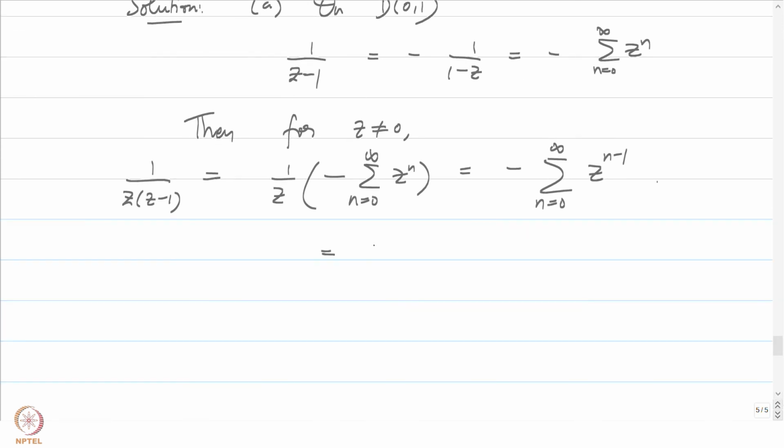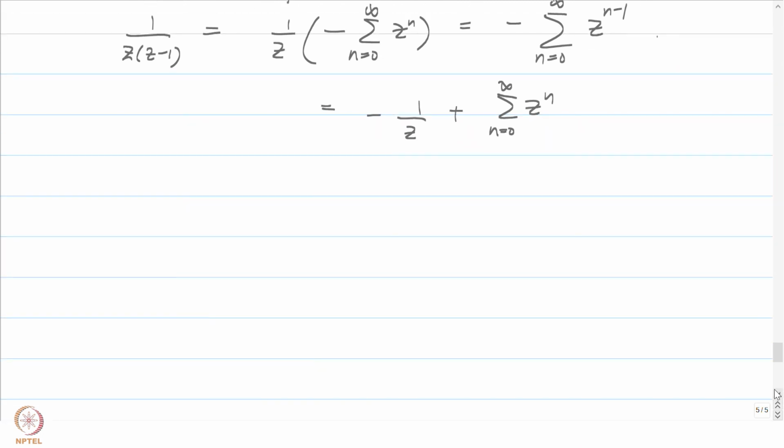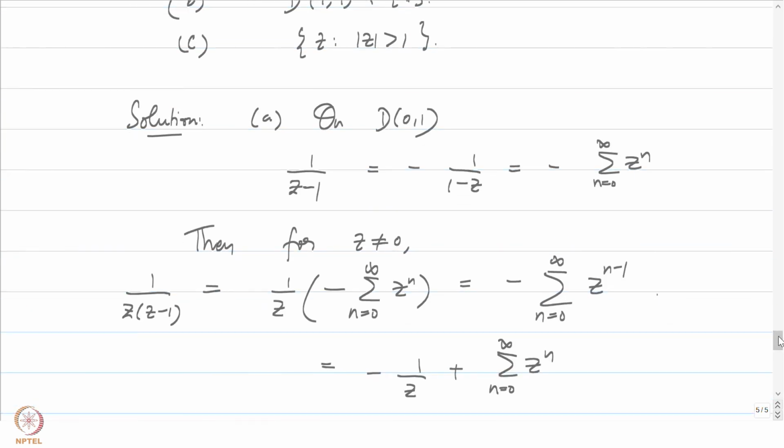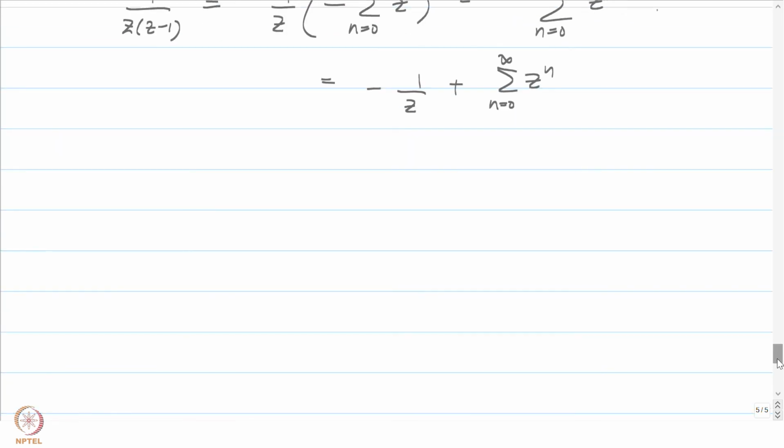So this is exactly equal to 1 by z plus summation z to the power n, n going from 0 to infinity. So that's going to be the Laurent series expansion of 1 by z times z minus 1 on D(0,1) minus 0, and that is the reason why, by the uniqueness of coefficients, we get to conclude that this is the Laurent series expansion.